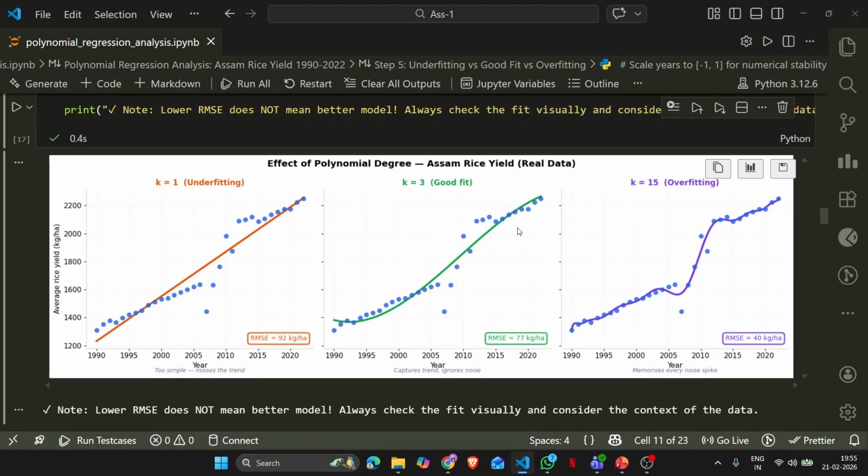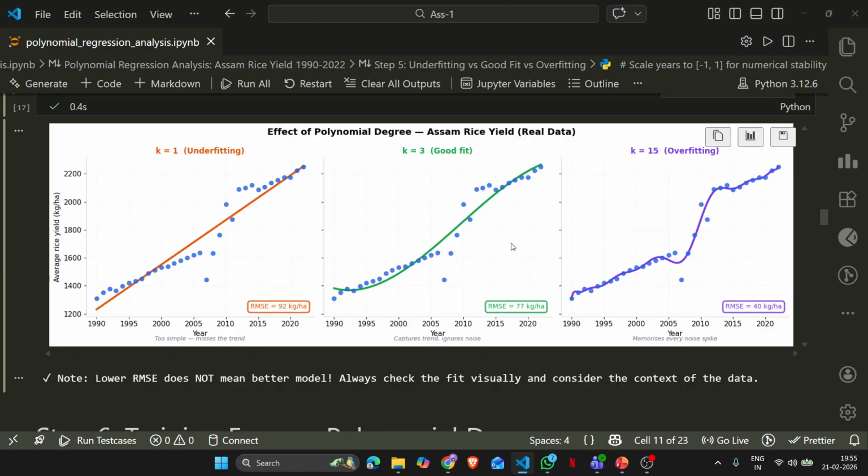And when we use k equal to 3, it provides a good fit. In this case also, some of the points do not lie on the curve, but as a whole, this polynomial captures the trends in the data. And then when we have k equal to 15, a very large polynomial, the model overfits the data and also the noisy data points, which is not good for predicting the future.